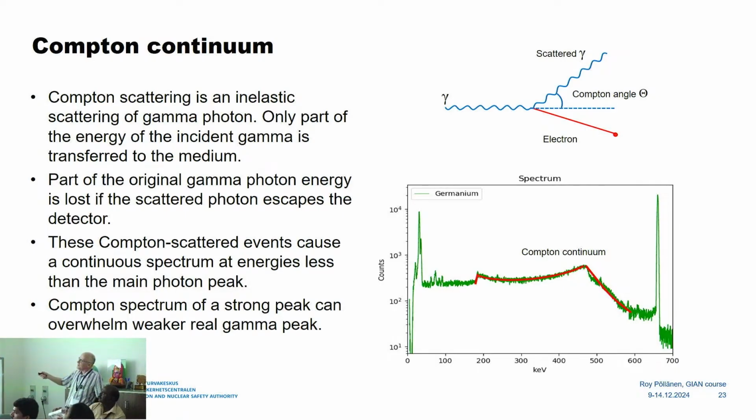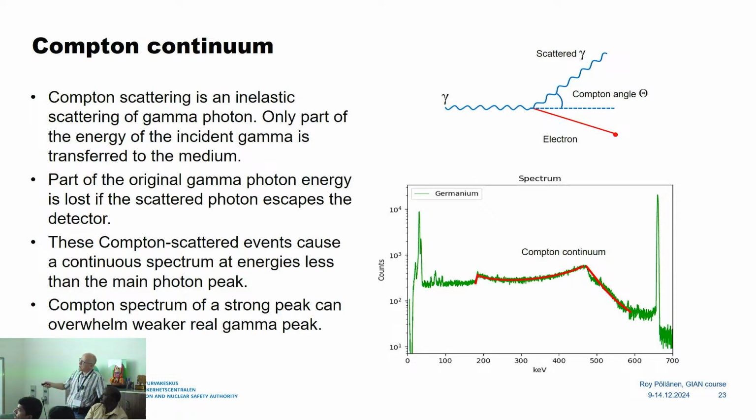As you know, gamma can be scattered and the electron moves like this. So only part of the original energy of the incident gamma is transferred to the medium. But this is the relevant thing: part of the original gamma photon energy is lost if the scattered photon escapes the detector.